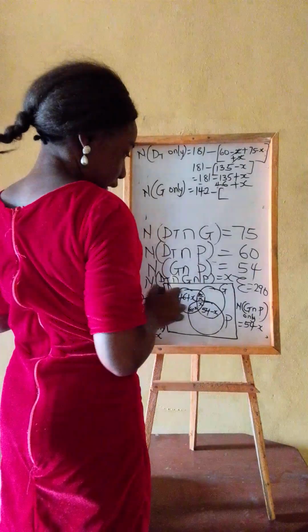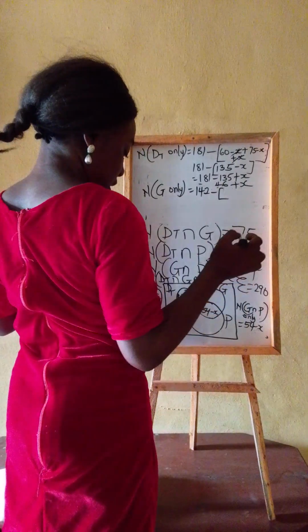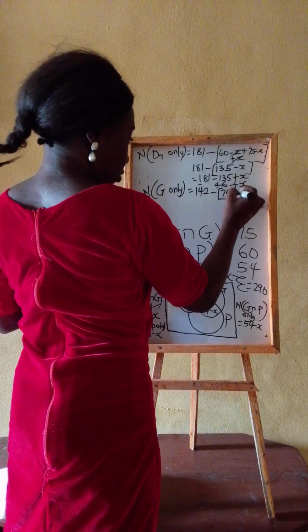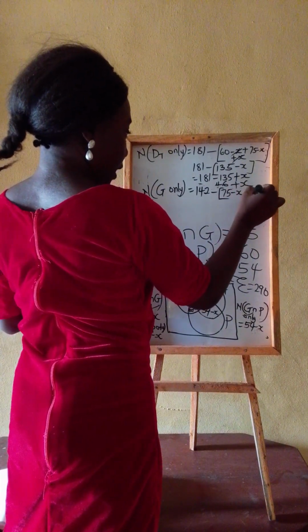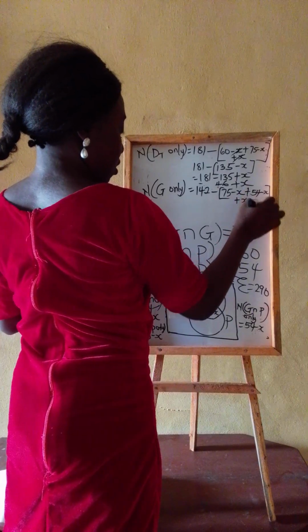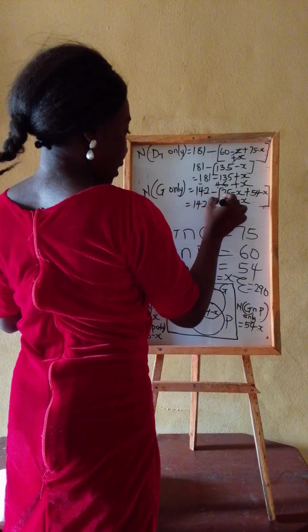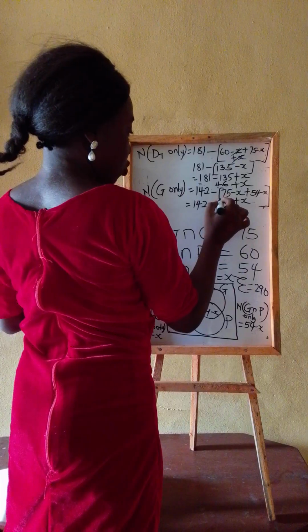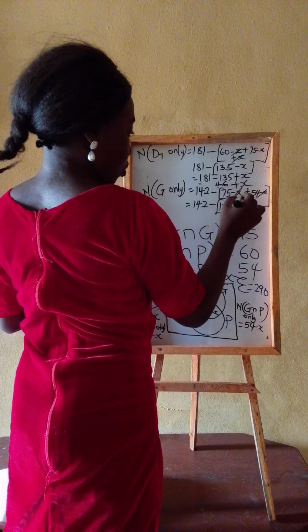We have G here, and we also have it here. So that is 75 minus x plus 54 minus x plus x. So we have 142 minus 75 plus 54. That is 129.